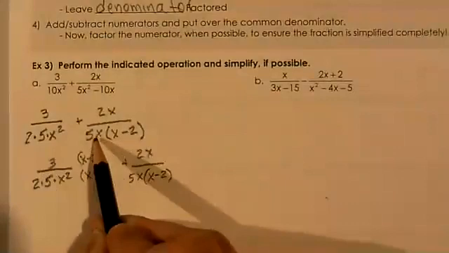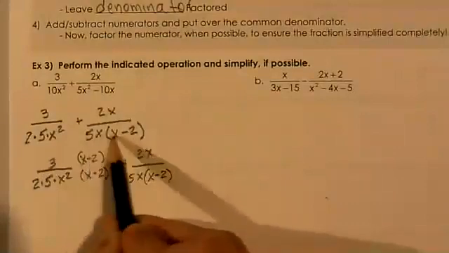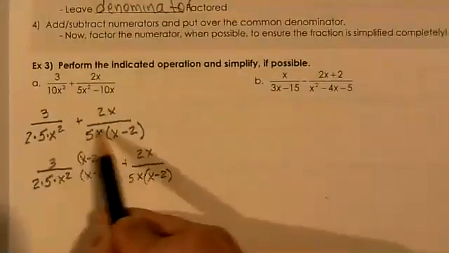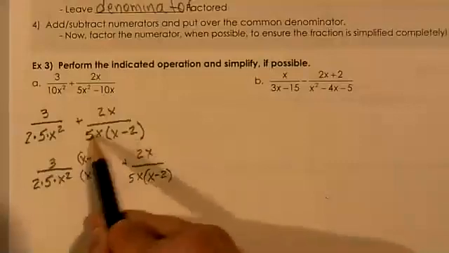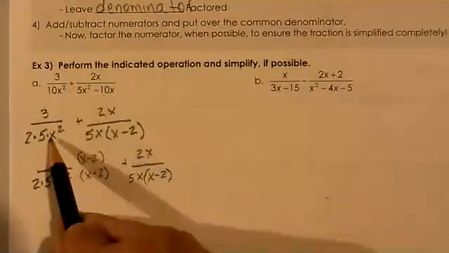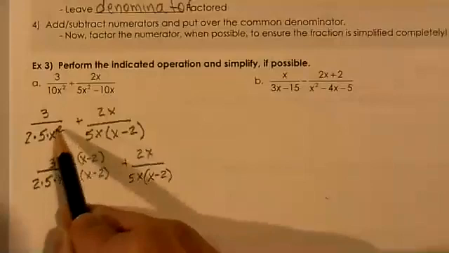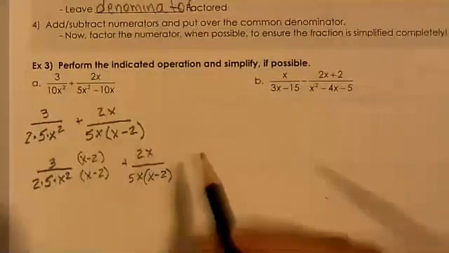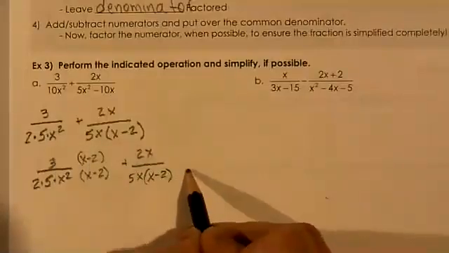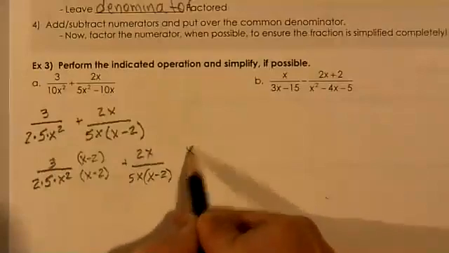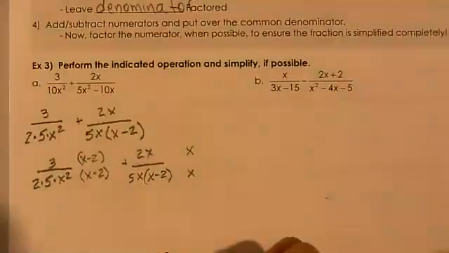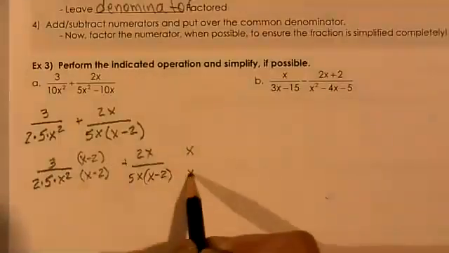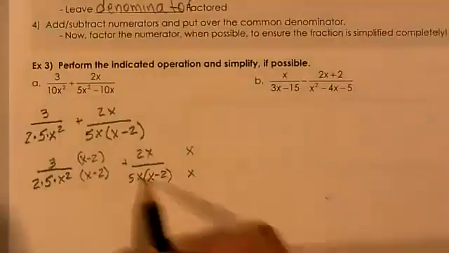This one only has an x. You can't use the x squared inside the parenthesis. You can't go in there to get your x squared. So this is your x squared. This only has an x. So I need an x for the top and the bottom. Now I would have an x squared, a 5x squared.